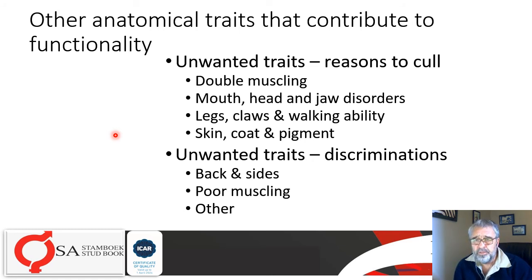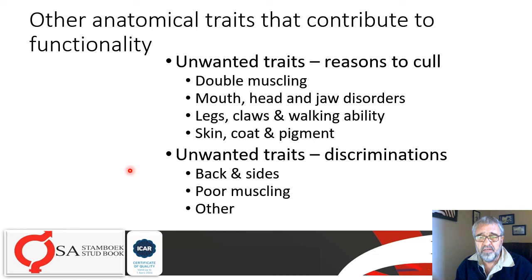Mouth, head and jaw disorders, legs and claws and walking ability is very important, especially where you have natural pastures and veld. And then obviously I've mentioned skin, coat and pigment are important.